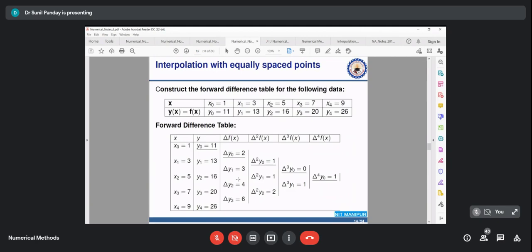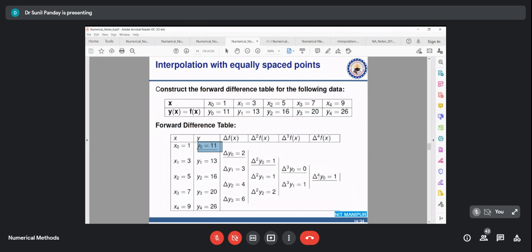And if I told you to find the value of x equals 1.1, nearer to x naught, then I have to use the forward difference table and apply the forward difference formula, and then these values are important to us.